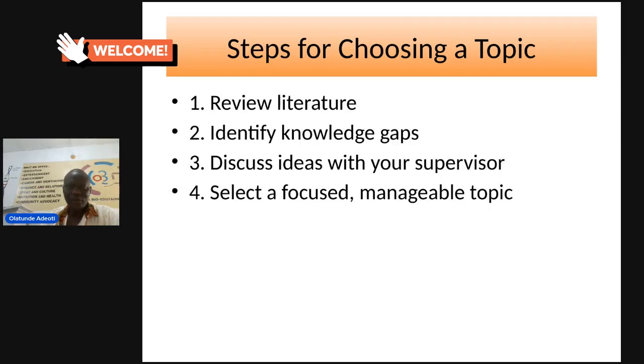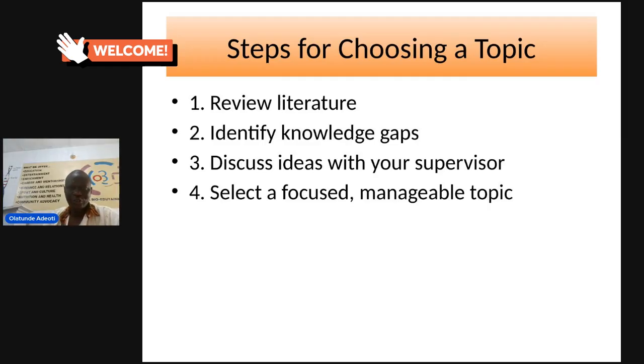The first step of choosing a topic, number one, you consider the literature. That is, you have to go straight into literature, identify the knowledge gap, discuss the idea with your supervisor, then you should be able to select a focused and manageable topic. So these are steps for you to choose a topic.